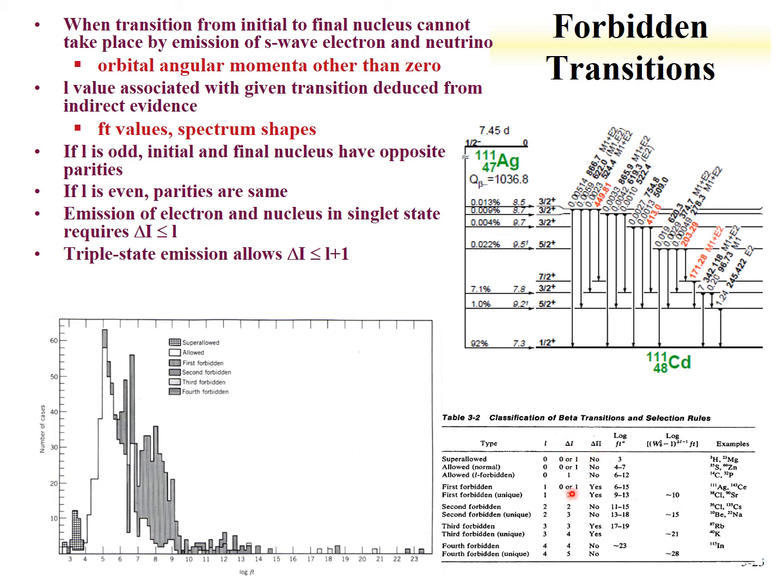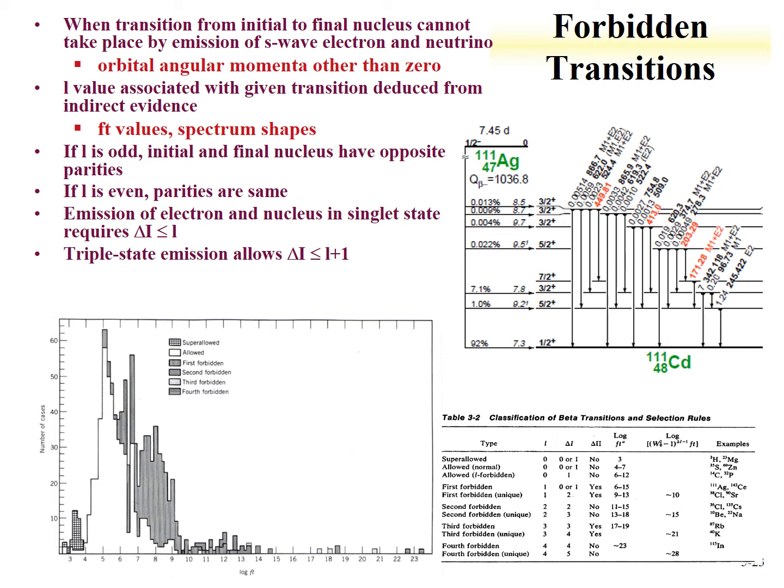So if you have a spin change listed here, 1 or 0 or 2, along with a parity change, those are going to be first forbidden. If our spin change is 2 or 3 with no parity change, that's going to be second forbidden. Third forbidden is 3, 4, along with the parity change, and the fourth forbidden is listed here.